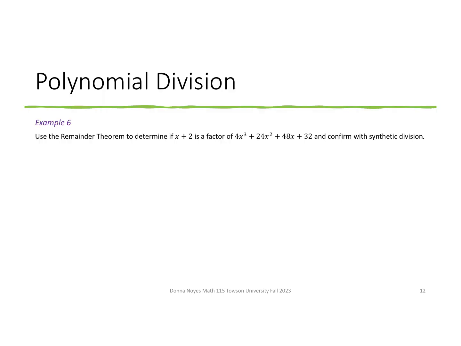So this first one says, use the remainder theorem to determine if x plus 2 is a factor of 4x cubed plus 24x squared plus 48x plus 32 and confirm it with synthetic division. So we're going to look at this one and see what happens. So what is k? Well, our d of x this time is x plus 2. And remember, it has to be x minus k.